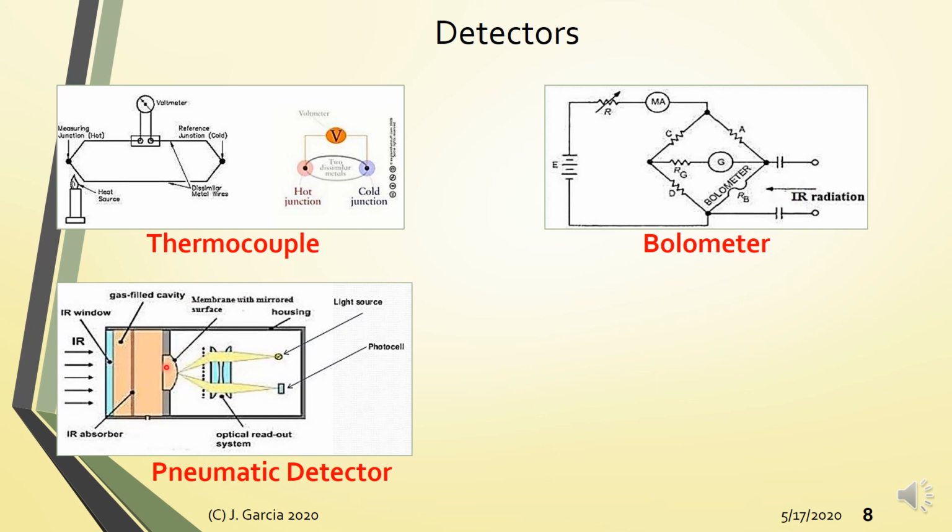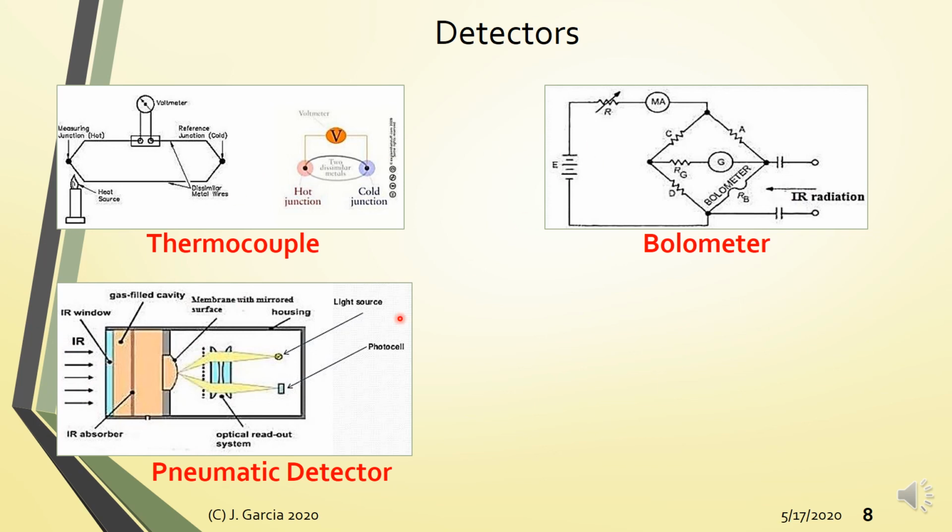The movement of this membrane is detected by a photo setup. You have a light source and a photo detector here. This tracks the movement of the membrane, and this is interpreted as the intensity of the infrared radiation.